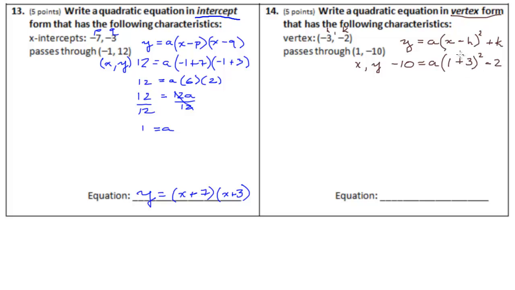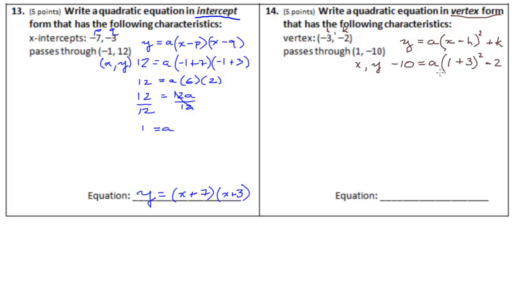Notice that inside there, this squaring term, we're subtracting. So this 3, if I were saying what's the vertex of this, it would be -3, and the sign isn't changed out here, -3, -2.